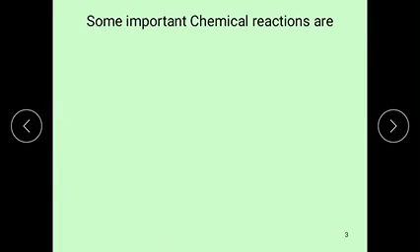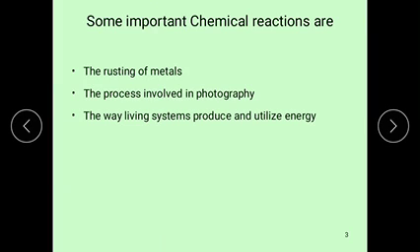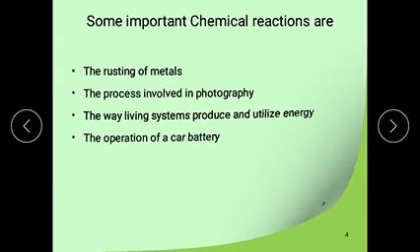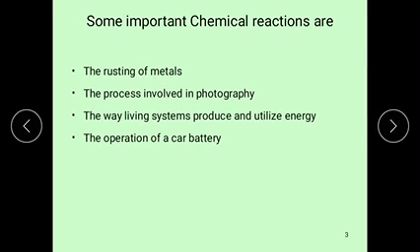Some important chemical reactions are the rusting of metals, the process involved in photography, the way living systems produce and utilize energy, and the operation of a car battery.